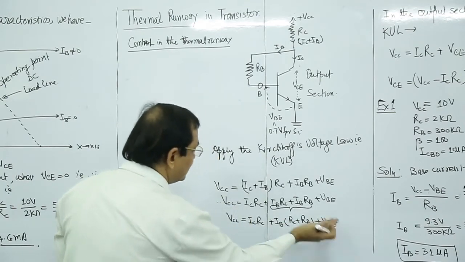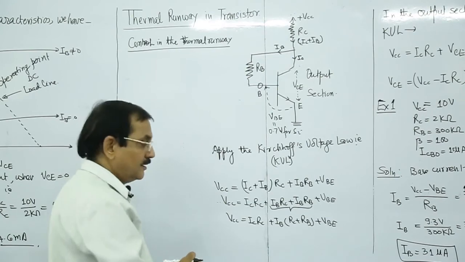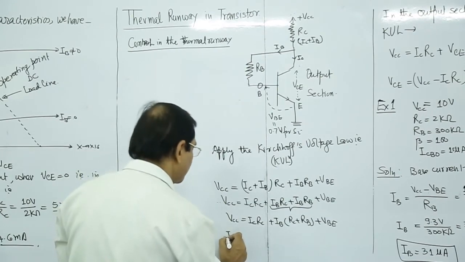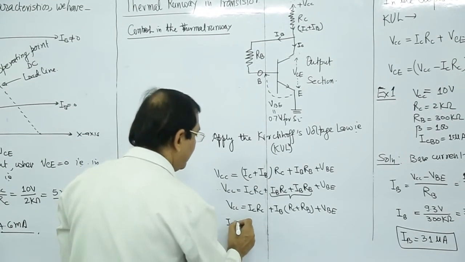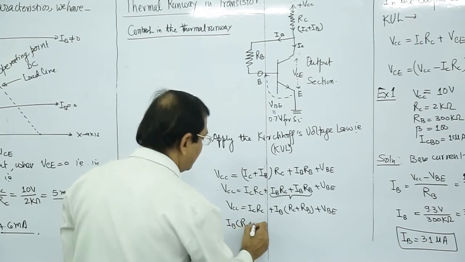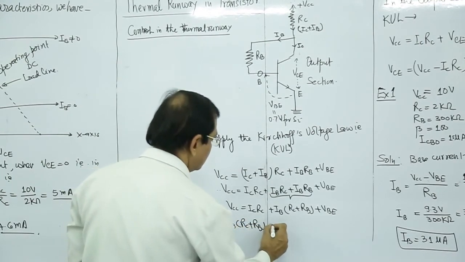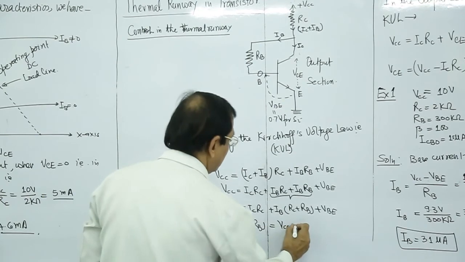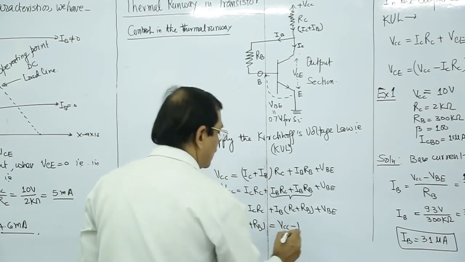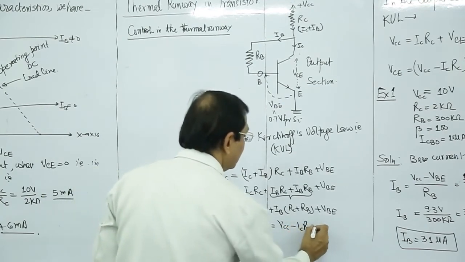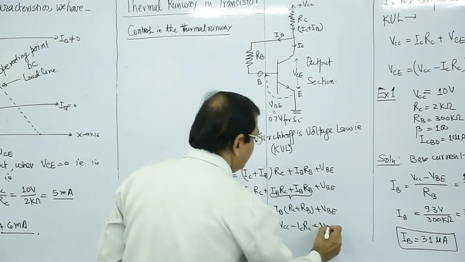If we transfer this term to the left hand side, then IB (RC plus RB) is equal to VCC minus ICRC minus VBE.